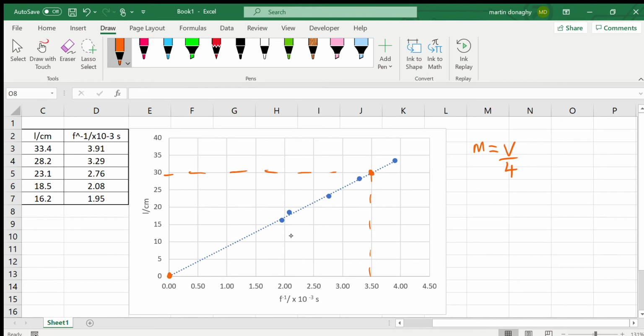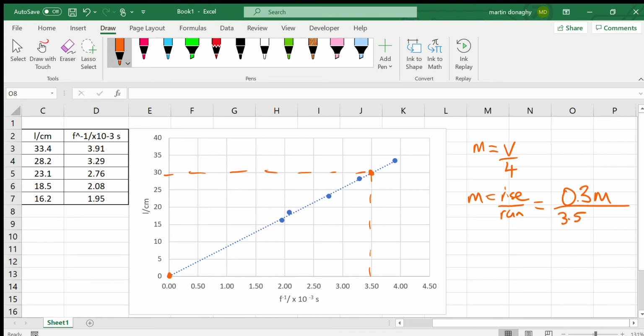If I do that, the gradient is rise over run. Now the rise is 30, but that's centimeters, so I might be best at this point dividing it by 100 and getting 0.3 meters. Just make my life a little bit easier later on. And then my run is 3.5.